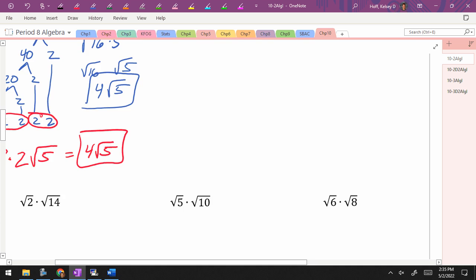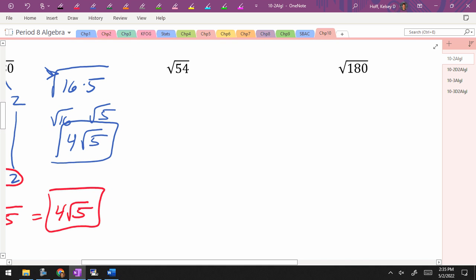Okay, so let's go to this one, 54. Break it down. 9 and 6. 9 breaks down as 3 and 3, and 6 breaks down as 3 and 2. Do any of those numbers have a buddy? Which one?